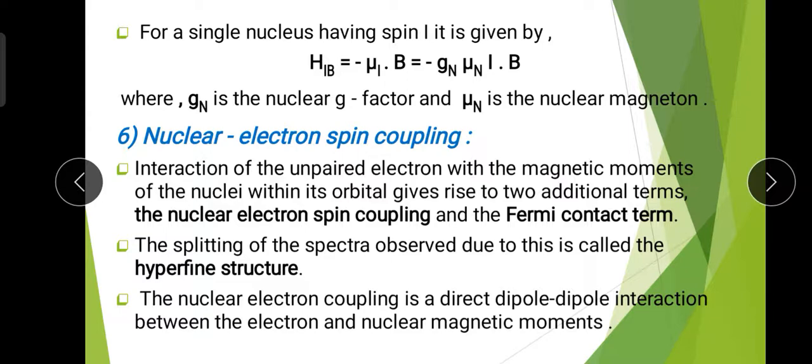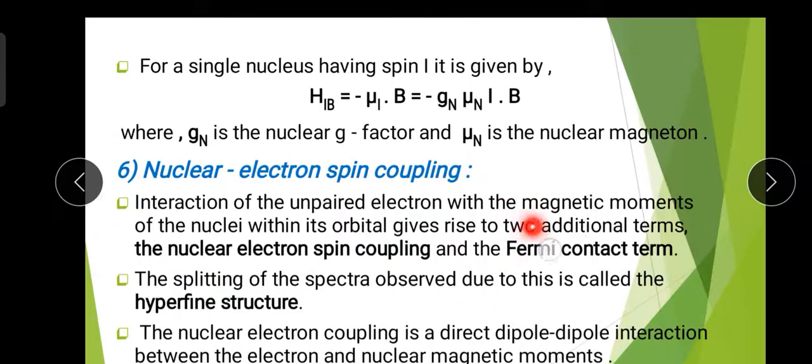The first is the nuclear electron spin coupling, and the second is the Fermi contact term. The nuclear electron spin coupling is just the interaction between the nuclear and electron spin, which get coupled with each other, and due to this interaction we get energy. The second one is the Fermi contact term.